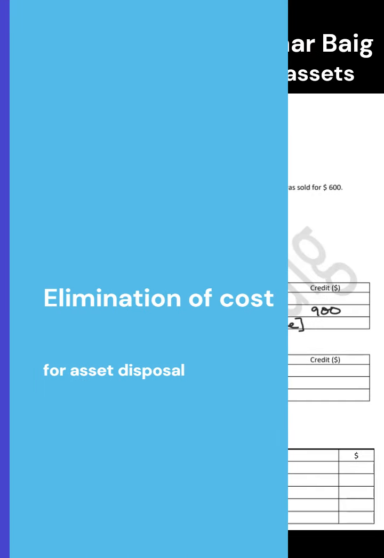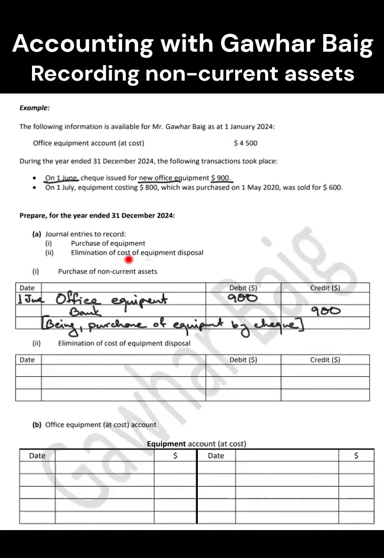Let's go to the second one, which is the second transaction, basically elimination of cost of equipment disposal, which happened on 1st July. Equipment costing 800, which was purchased on 1st May 2020, was sold for $600. So let's record the journal entry for that. The transaction occurred on 1st July. Equipment costing 800. So make sure you write the cost price of the equipment and not the selling price.